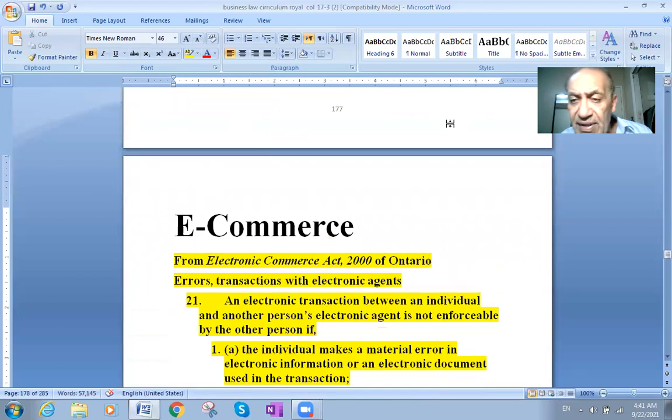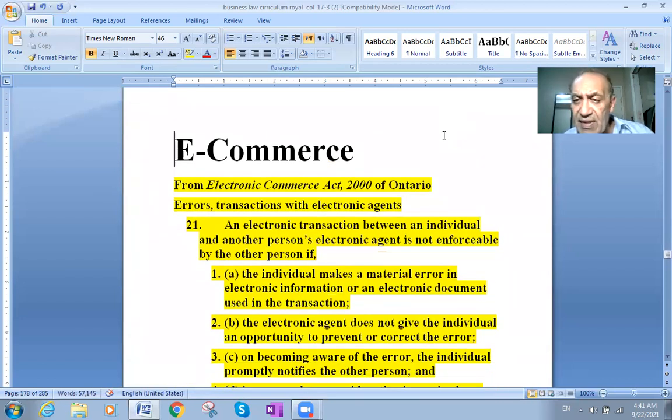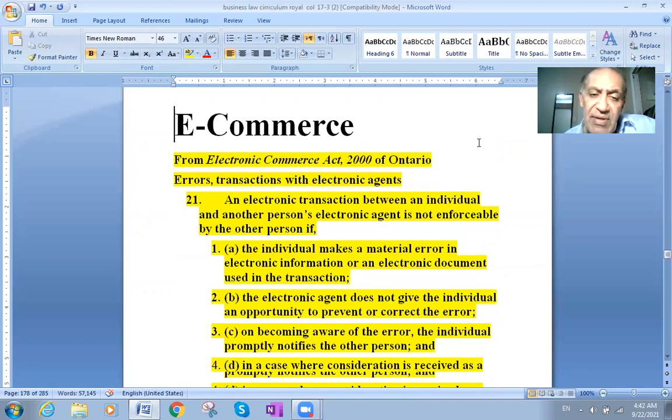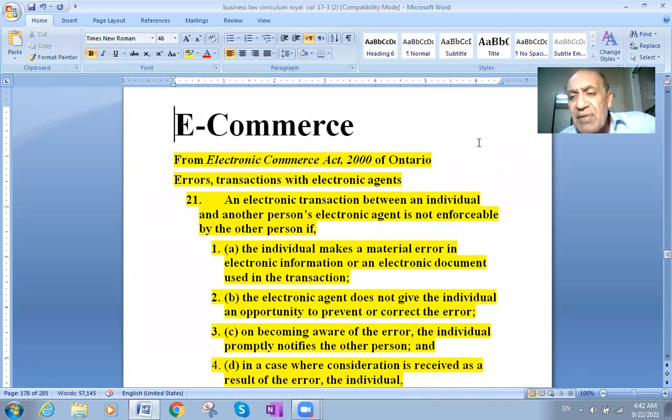It's very important now in the nature of contracts because of the internet and the web and the use of electronic media for importing and exporting information. E-commerce, buying and selling online, is very important for everyone.